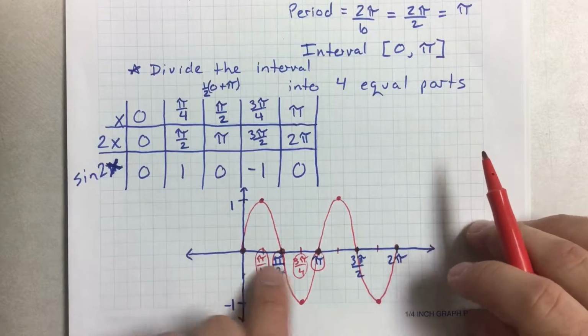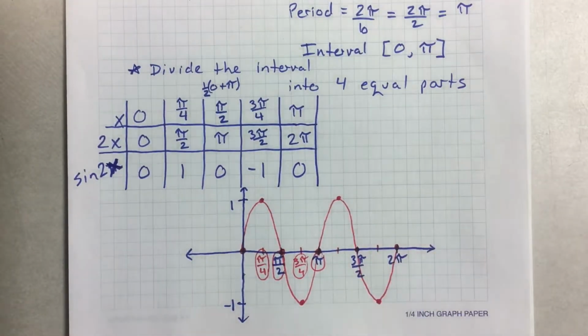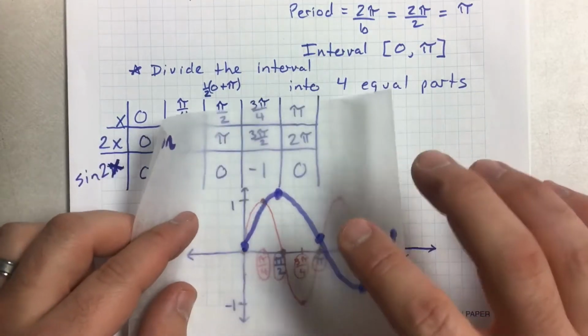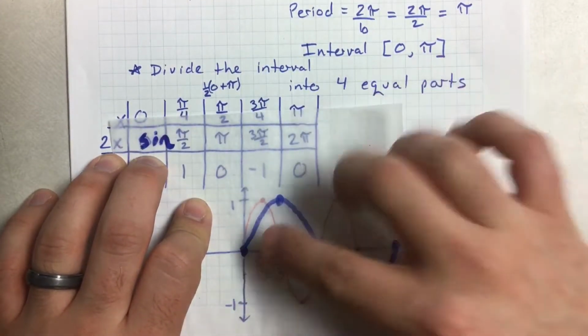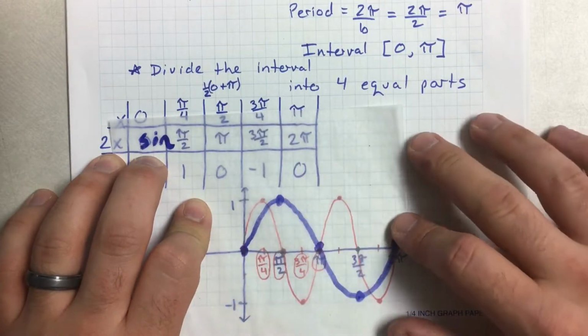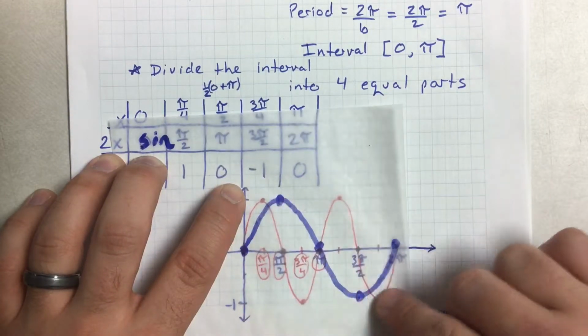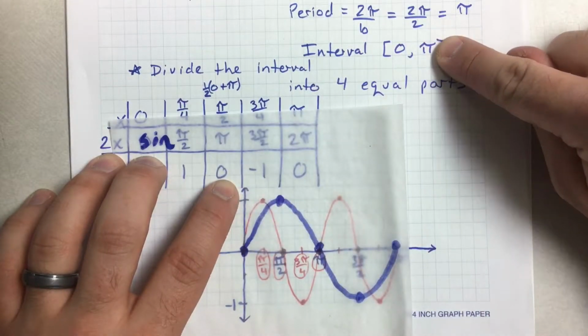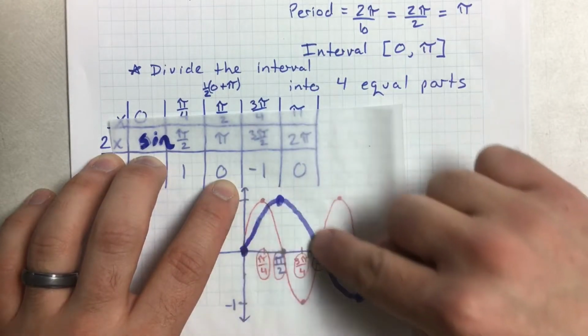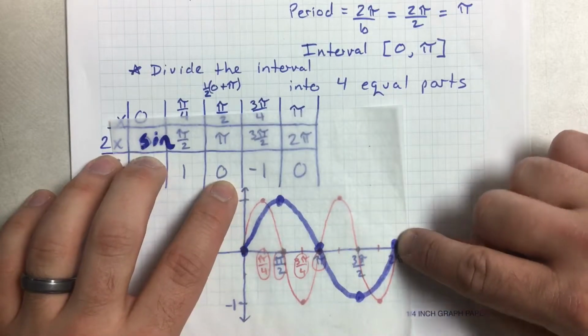Okay, the reason why I went out to 2 pi still is I have this tracing paper that I laid out sine of x. Now the reason why with this whole scaling we did with 4 spaces is that's what was used here. So you can see how the original took 2 pi to get 1 cycle.